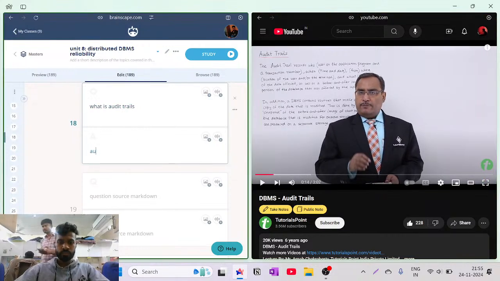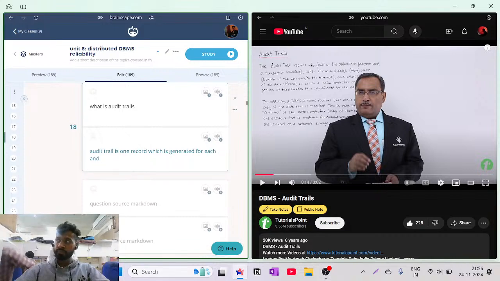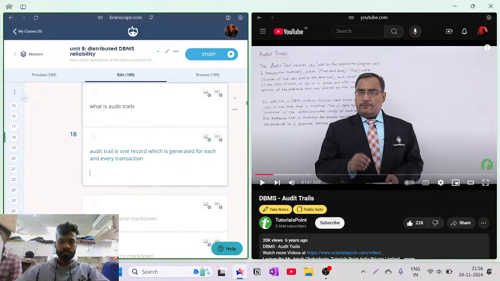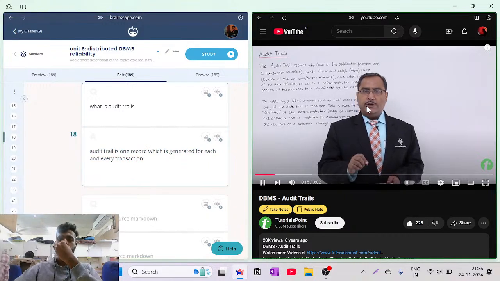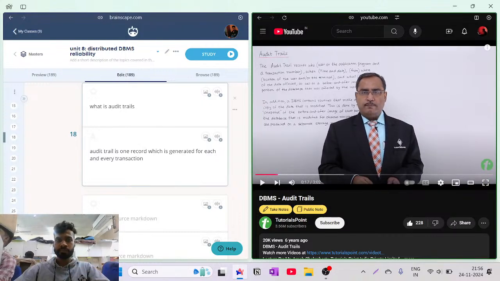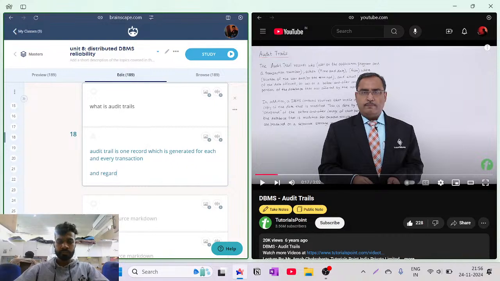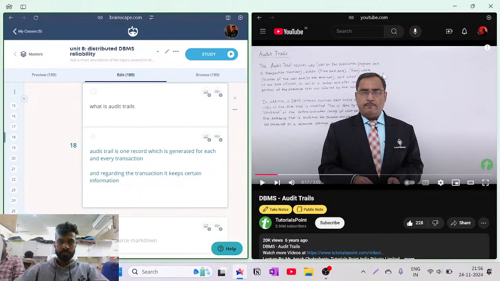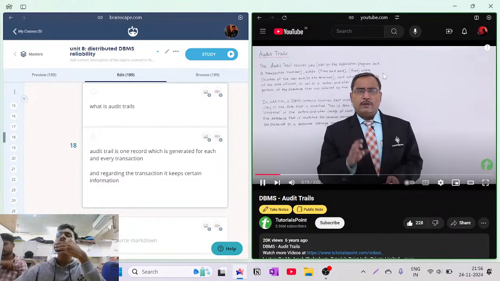And regarding the transaction, it will keep certain information. The information can be categorized in this way.